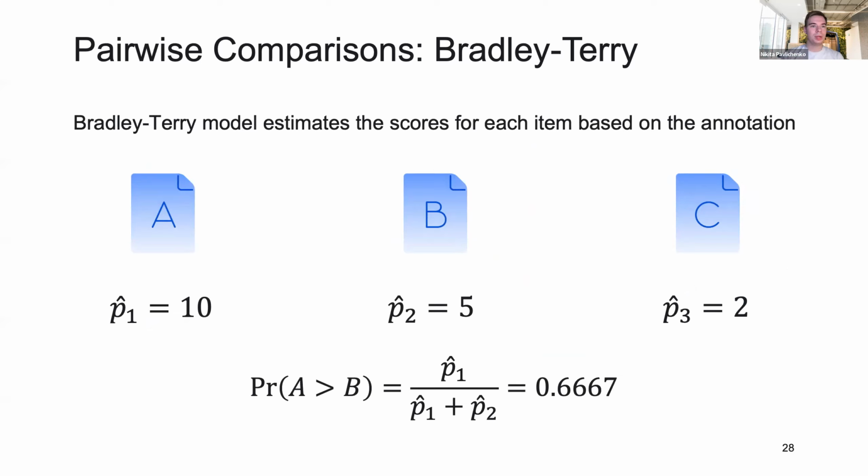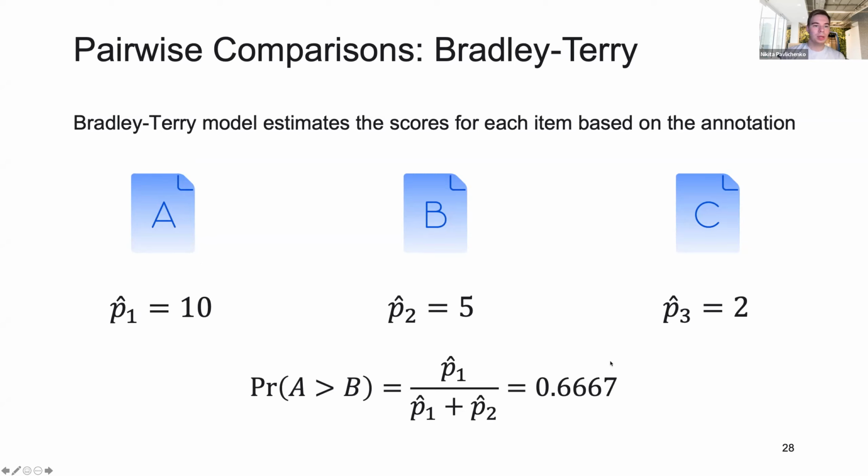It tries to estimate some score for each item, and this score is based on your annotation, so based on your comparison pairs. For example, for item A, it estimates the score as 10. For B, it's 5, and for C, it's 2.